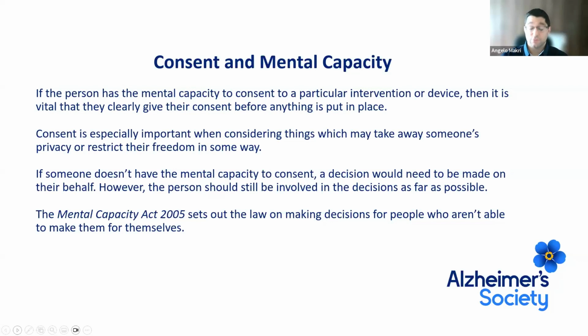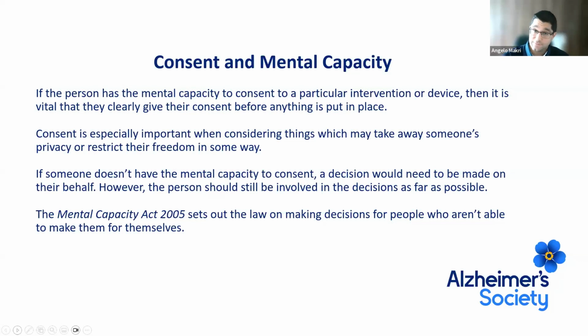Now, also, just to say, capacity can fluctuate, and you can have capacity for one decision, but not capacity for another. So that's why I say it's about the mental capacity to consent to a particular intervention or a particular device. It's not a blanket term, mental capacity.